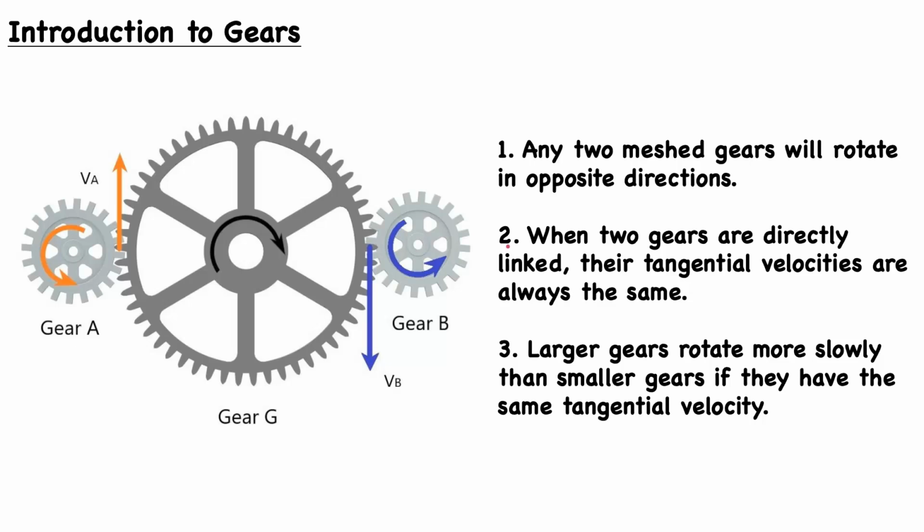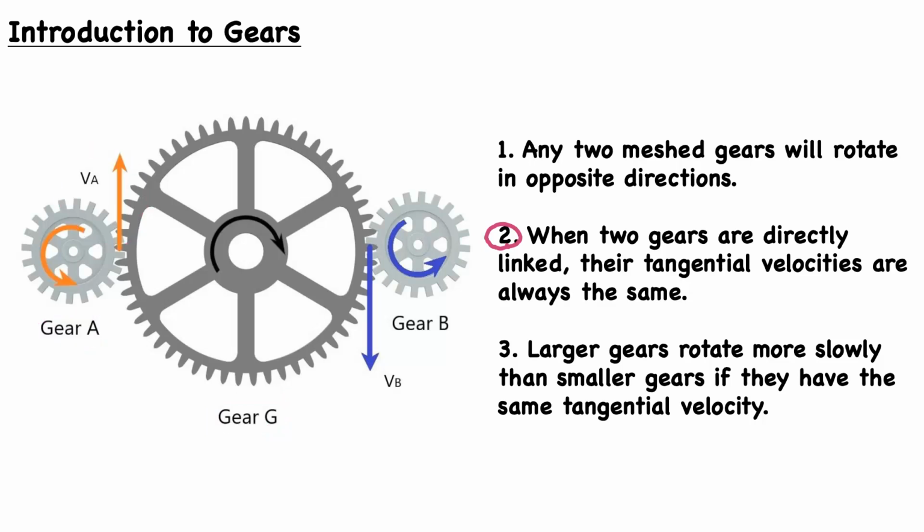The second important thing to know is that when 2 gears are directly linked, their tangential velocities are always the same. So first of all, what do we mean by tangential velocity? Well, we're talking about the velocity that is tangent to 2 meshed gears. So this velocity will be the same for each gear. So again, for example, looking at the meshing of gear A and gear G, these will both have the tangential velocity VA.